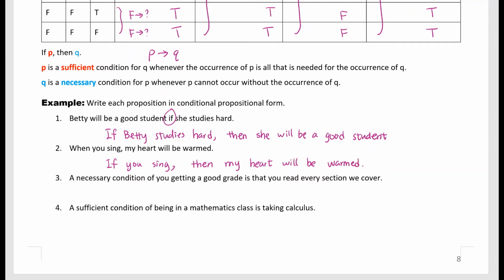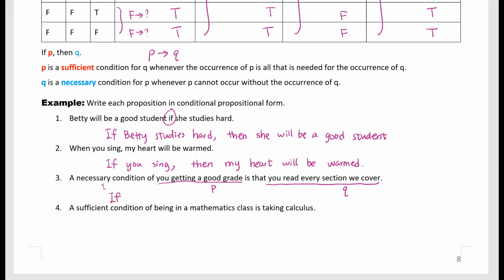Okay. Next, a necessary condition of you getting a good grade is that you read each session we cover. Good tips. Okay, so the necessary condition is the Q. The Q is this guy. So this is the Q, and the P is you getting a good grade. So let's put this sentence down.